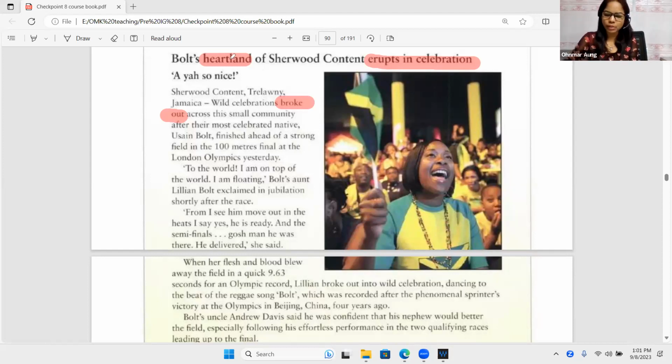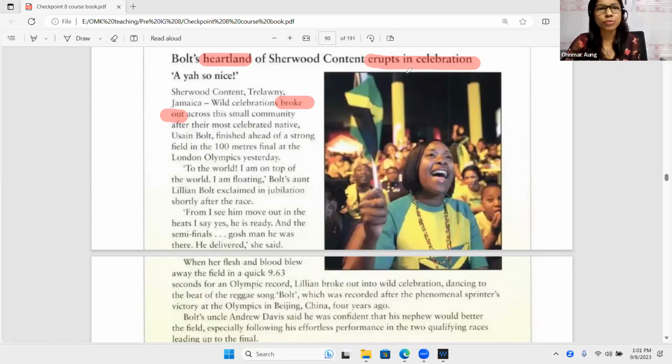And here, another word for heartland, it means center of support. We could translate it in this way too. The center of support, support. Heart means center, right? The center of support. Broke out means happened. Okay, let's go to the next paragraph.